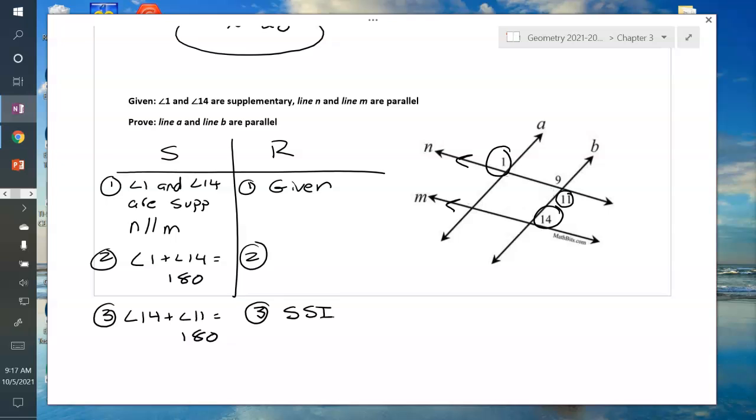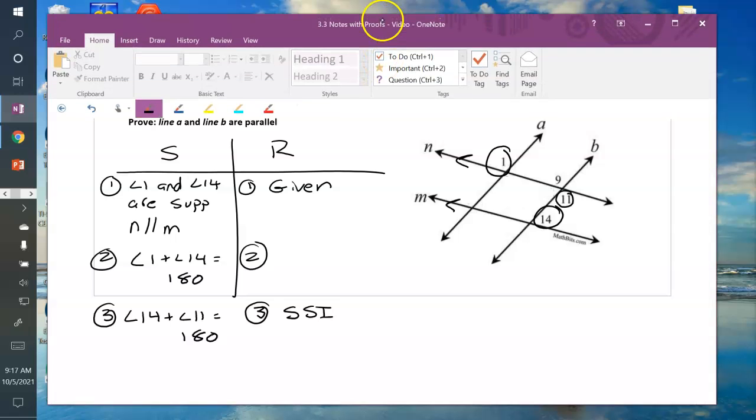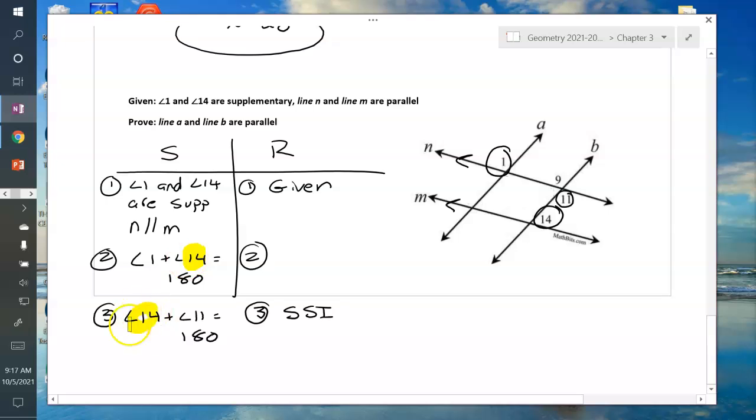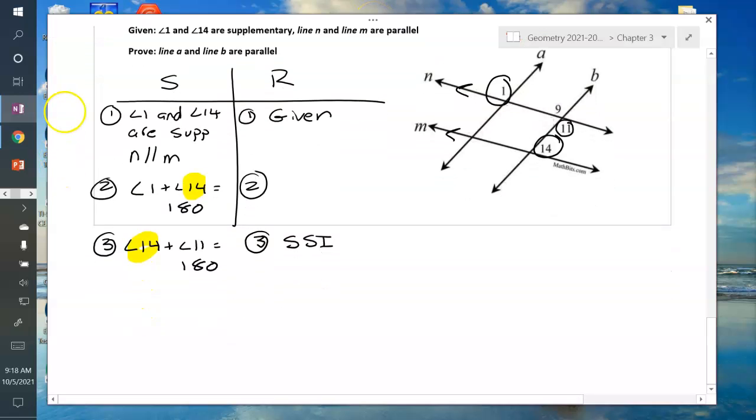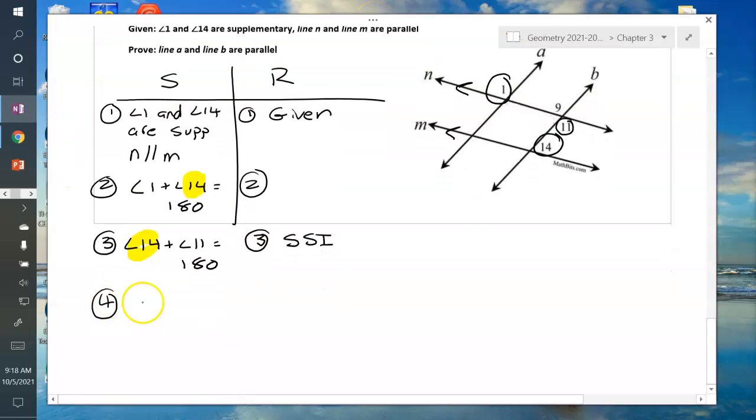Now the next thing I want to do is I notice that I have angle 14 in both of our equations, right here and right here. So what that means is I can claim that angle 1 and angle 11 are congruent to each other. And the reason I can do that is by congruent supplements. So step 4 is going to be angle 1 equals angle 11 by congruent supplements.